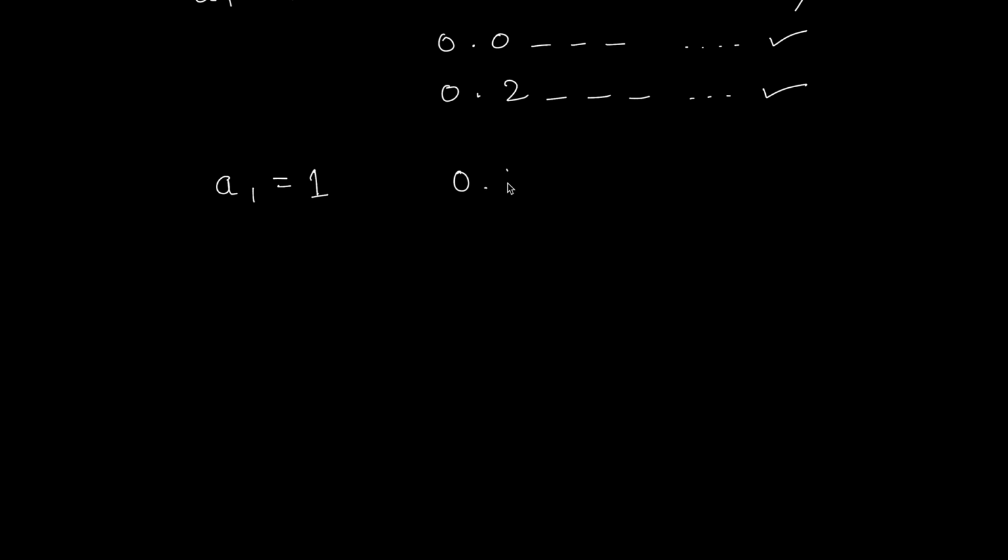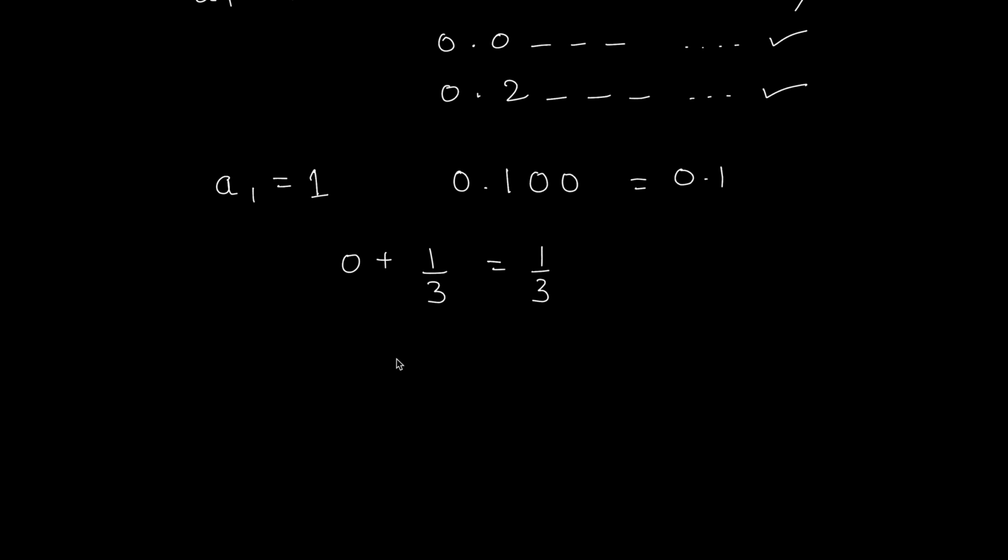The lowest number we can make with this is 0.10000, which is nothing but 0.1 in base 3, which is 0 plus 1 by 3. So the smallest number with A1 equals to 1 is 1 by 3 in base 10.